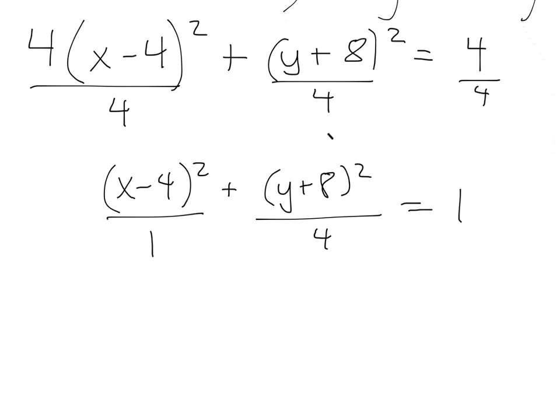Now, with ellipses, we always want the biggest number on the bottom to come first, because that's the a squared. So I'm just going to rewrite this so it looks exactly like it is written on our blue sheet.